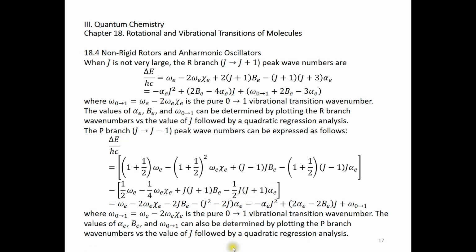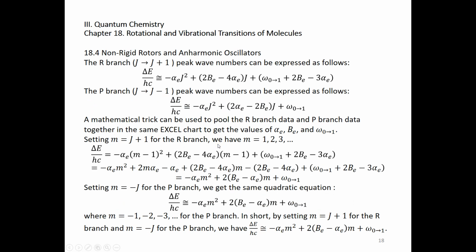So for ax squared, the value of a is the value of negative alpha e. For bx, the value of b is this whole thing. The value of c is this. So we can determine the values of alpha e, Be, and omega 0 to 1 given the wave numbers of the P branch.